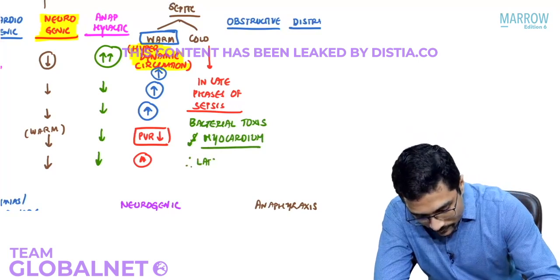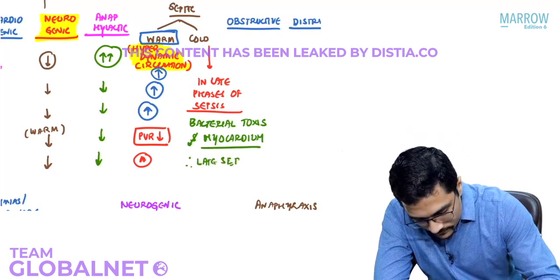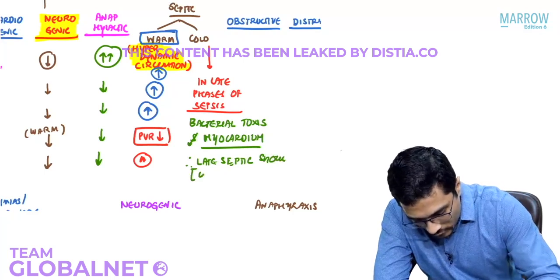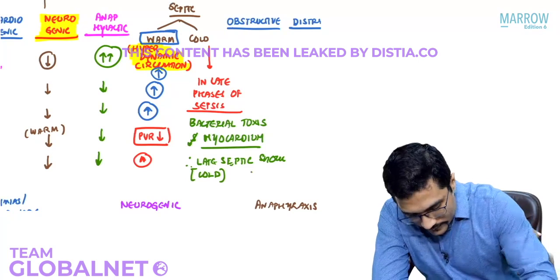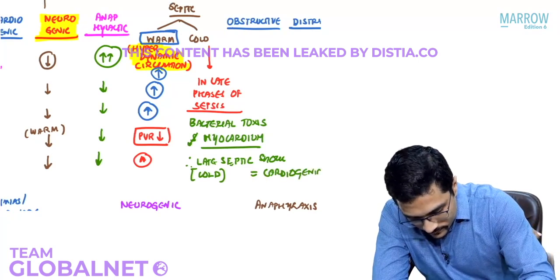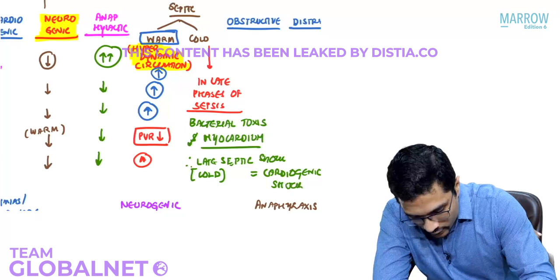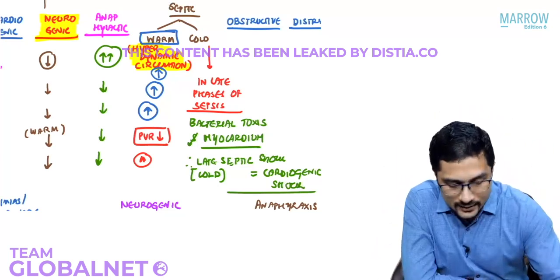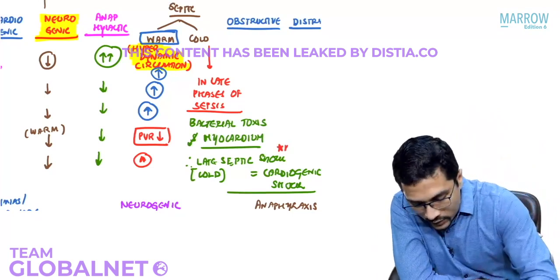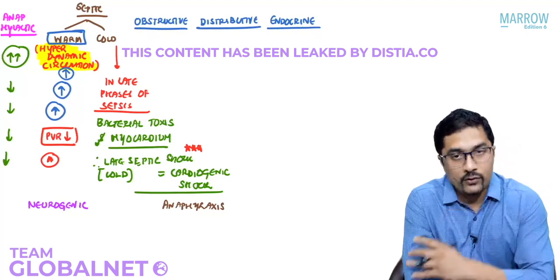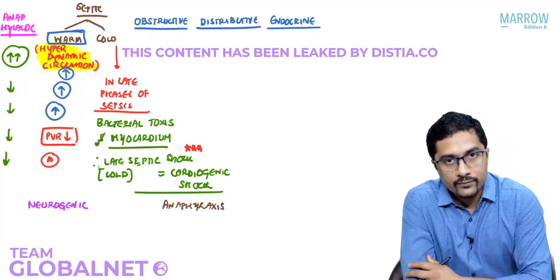Therefore, late septic shock or cold septic shock is equal to cardiogenic shock. So the parameters of cold septic shock are exactly the same as cardiogenic shock. So this is another easy correlation for you so that you can remember this for the exam.